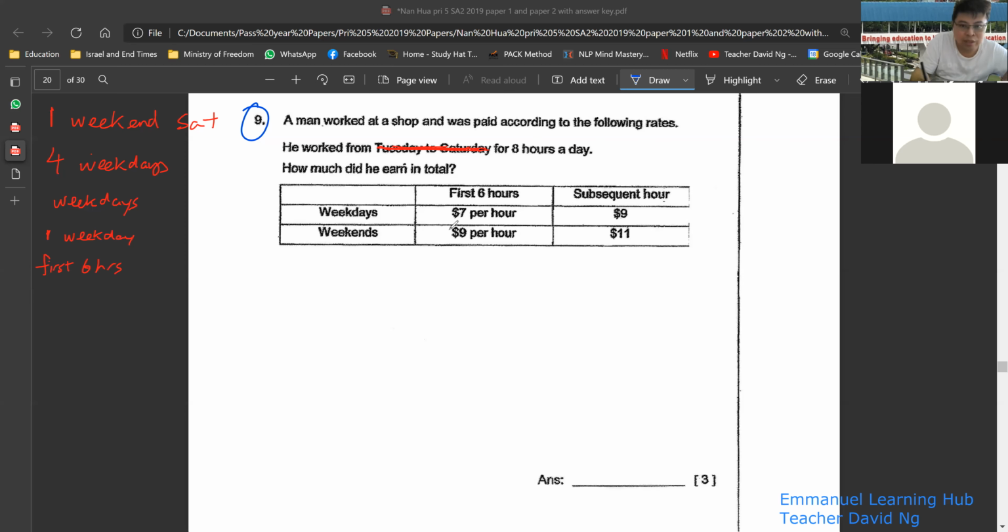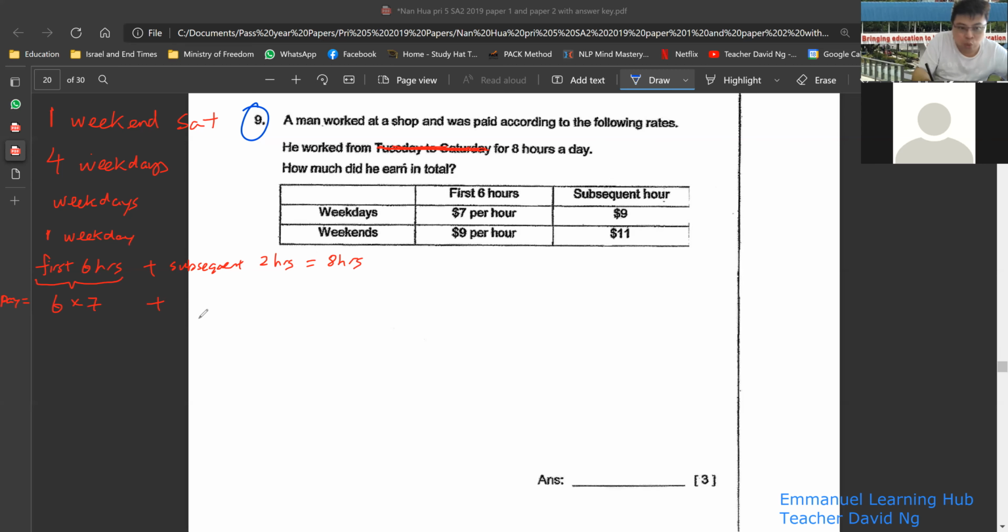First 6 hours, and subsequent 2 hours, which is 8 hours. For the first 6 hours, this is the pay. First 6 hours will be 6 times 7, $42.